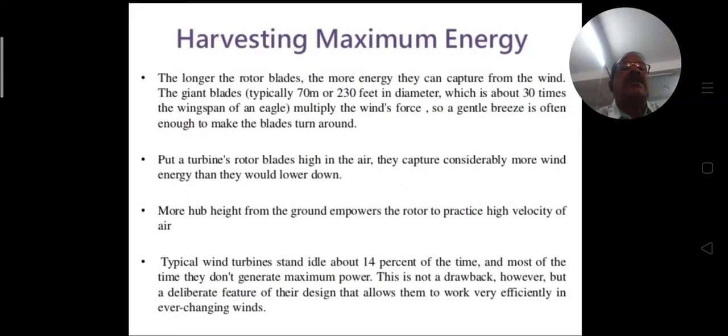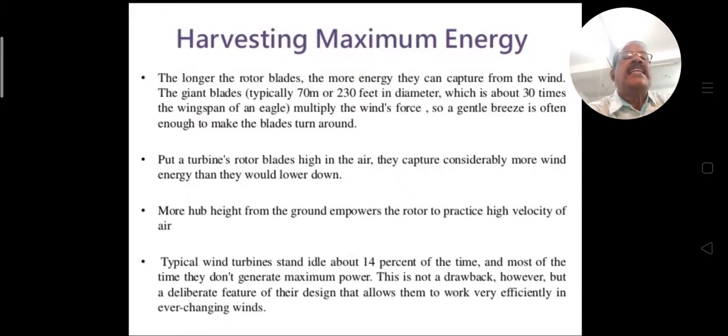And harvesting maximum energy. The longer the rotor blades, the more energy they can capture from the wind. The giant blades, typically 70 meters or 230 feet in diameter, which is about 30 times the wingspan of an eagle, multiply the wind force.